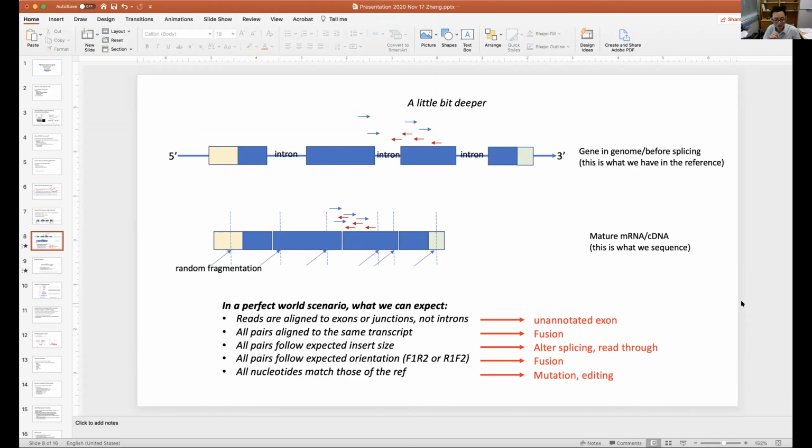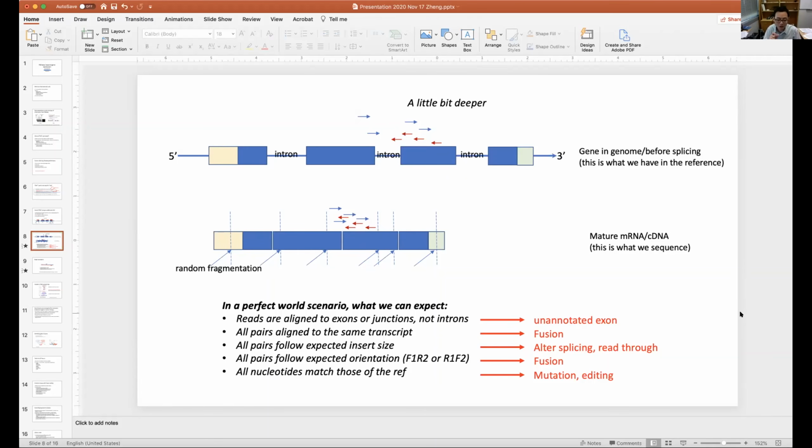We expect all the read pairs to align to the same gene, the same transcript. But if your alignment tells you that these paired-end reads come from two different genes, that's an indication of a gene fusion, because typically they should not come from two different genes.